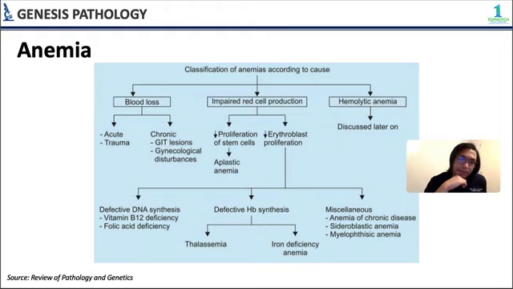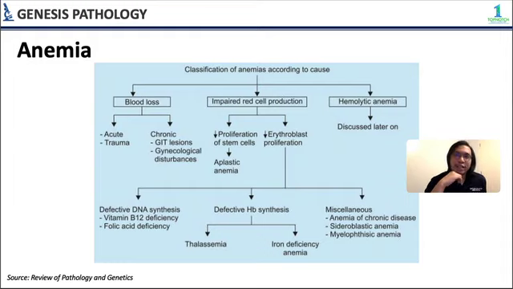Okay? Miscellaneous, anemia of chronic disease, anemia of chronic kidney disease, decrease in your erythropoietin production that will cause decrease in erythroblast proliferation, impaired red blood cell production, anemia. Anemia can be seen as early as stage 3 CKD, okay? But almost universally present at stage 4.